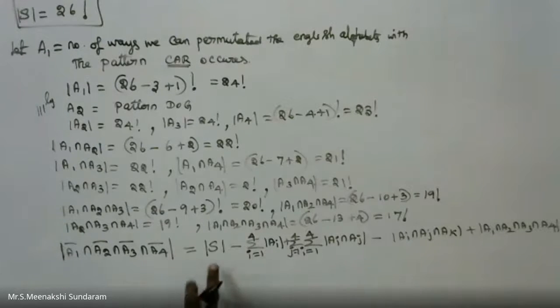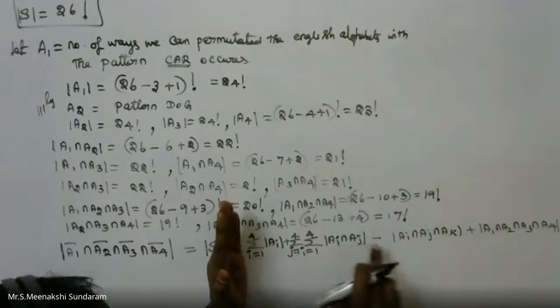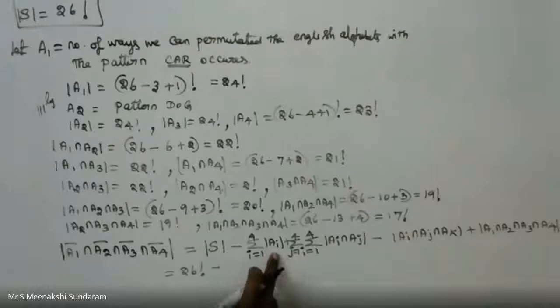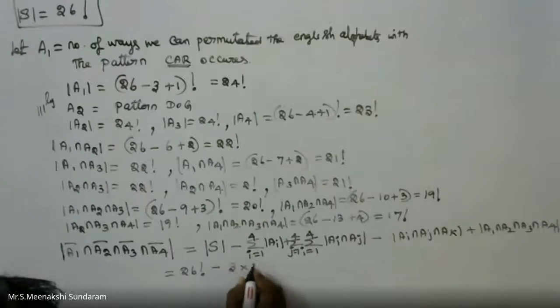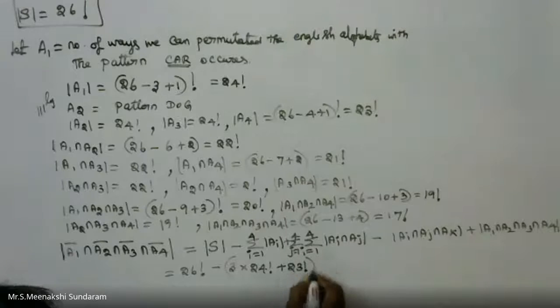Okay. So first, individually, you can write inclusion exclusion starting from here: plus, minus, normally. Here I subtract it, that's why the signs change: first minus, plus, minus, plus. Now substitute the values. Here it is 26 factorial, minus 3 times 24 factorial, plus 1 time 23 factorial.